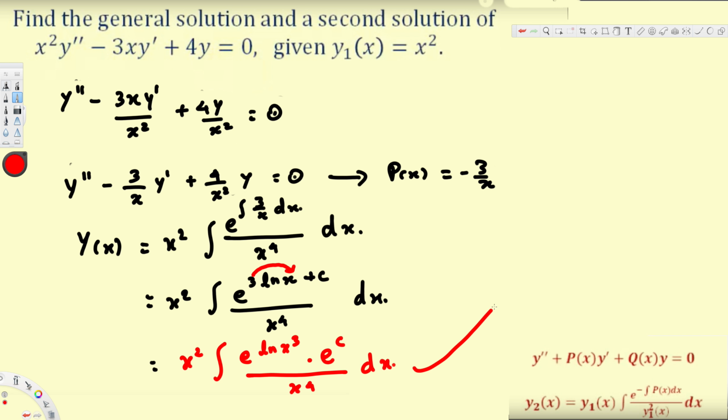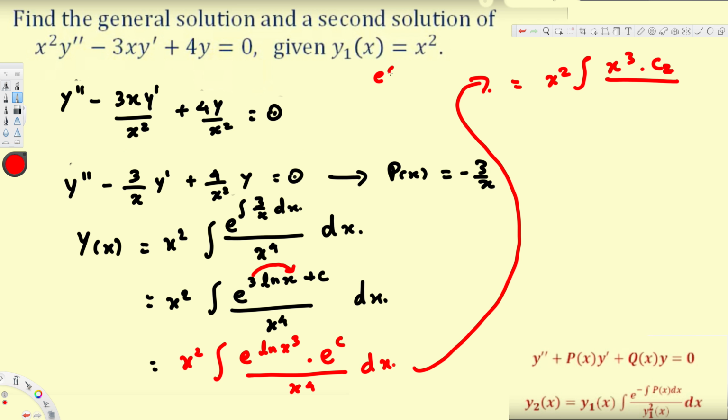Now let's continue. Here e and ln cancel each other, so we have x squared times the integral of x cubed, and then e to the power of the constant, which we can just write as c2. That's another constant, so e to the power c is equal to c2. In the denominator we have x to the power 4 dx.